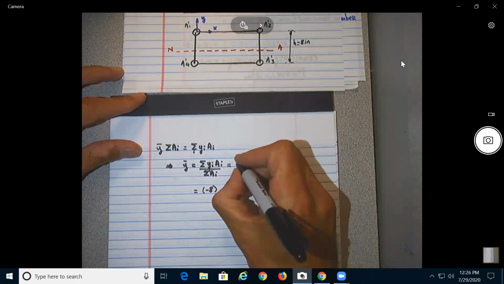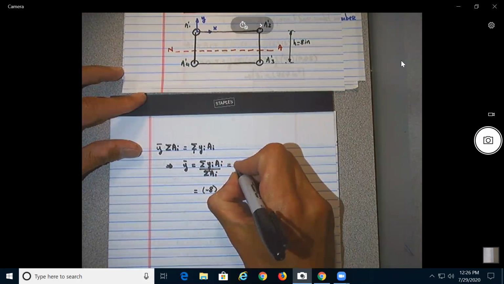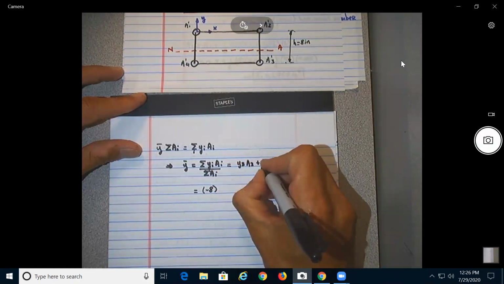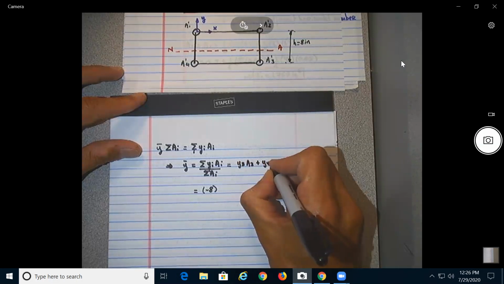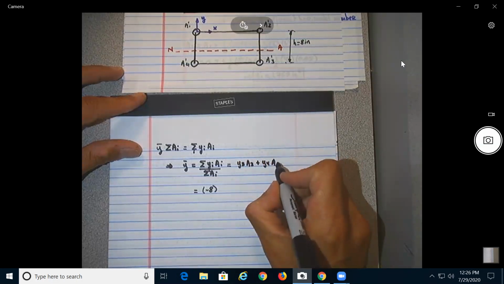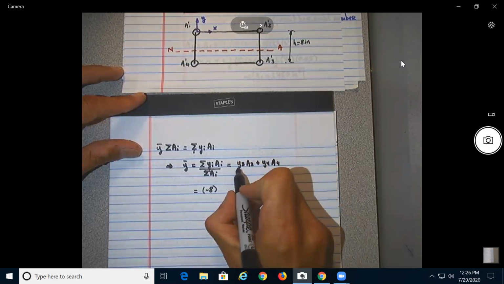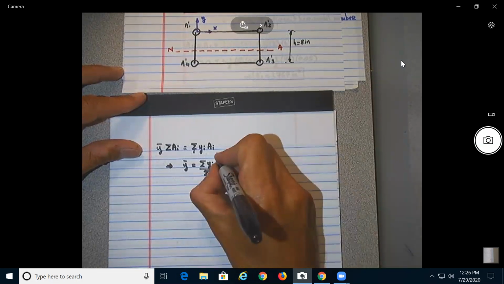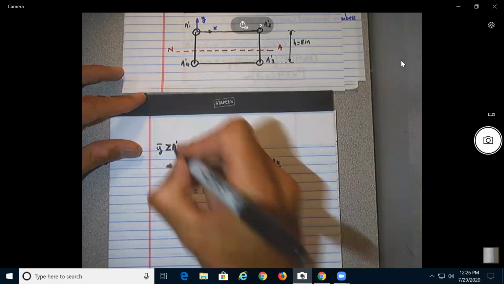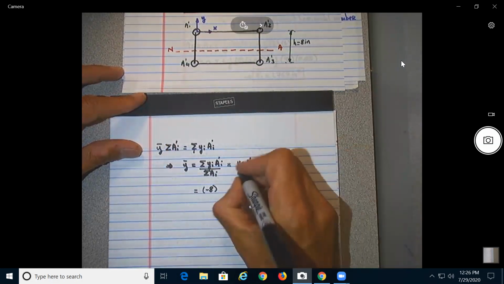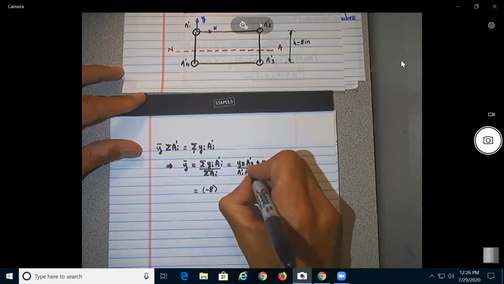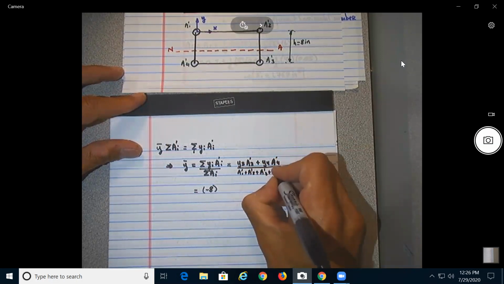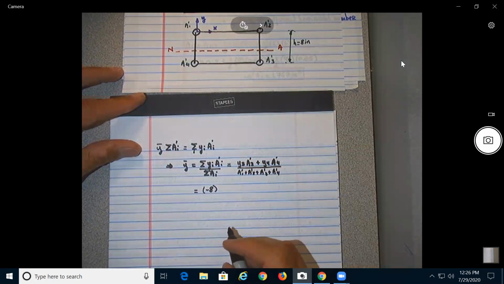This will be y of 3, a of 3, plus y of 4, a of 4, divided by, oops, it's the a primes here. I want to be accurate: a prime 1, a prime 2, a prime 3, a prime 4.